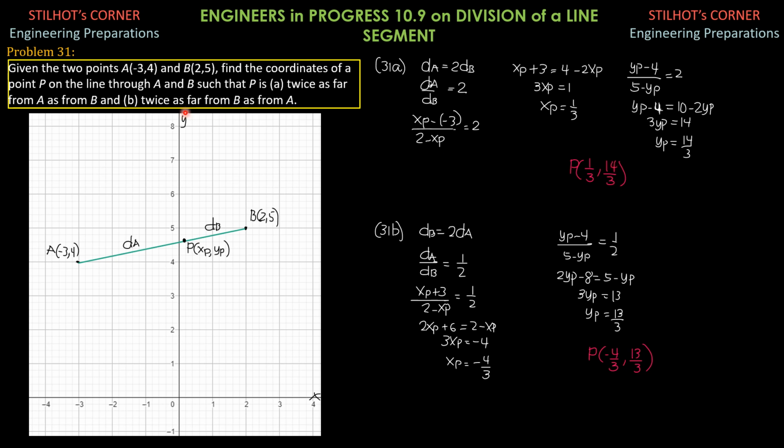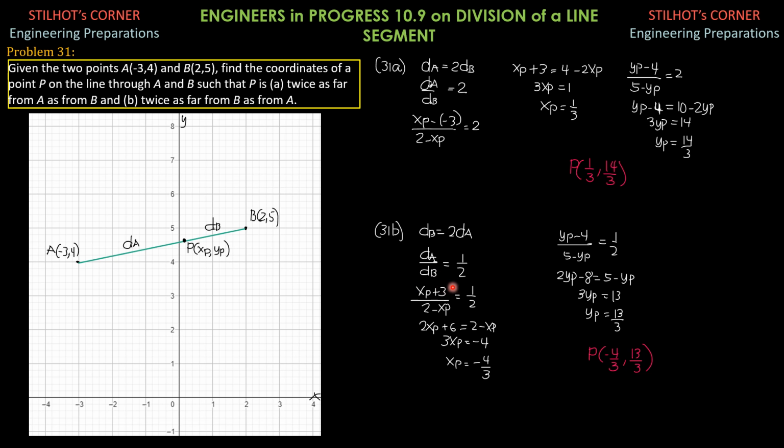So for the second part, distance from B is twice that from A. So distance B is 2 times distance A. So distance A over distance B is 1/2 this time. So we use the same projection. X projection of A, distance A is xp minus negative 3.